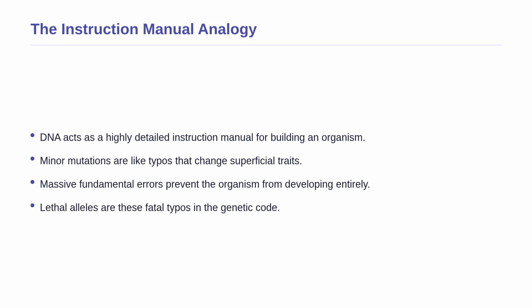The car will never start, and the entire project fails before it even leaves the factory floor. In the world of genetics, our DNA is that instruction manual. Sometimes a mutation creates an instruction so fundamentally broken that the organism simply cannot survive. These are lethal alleles.